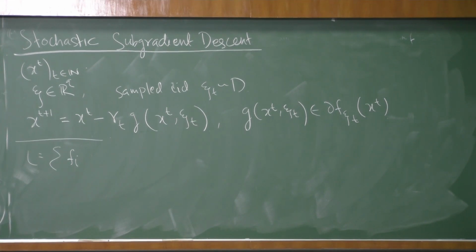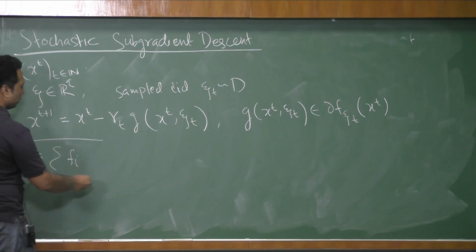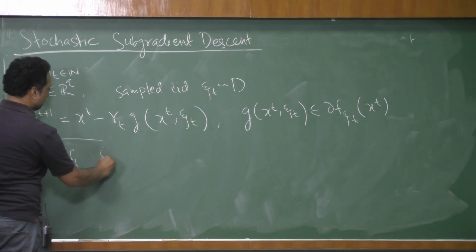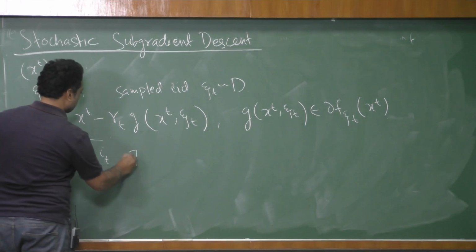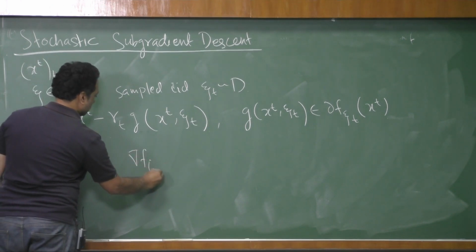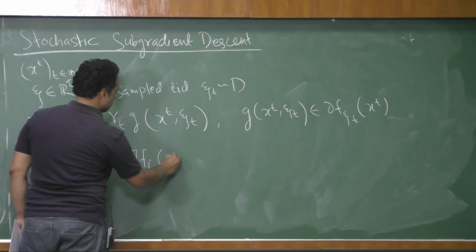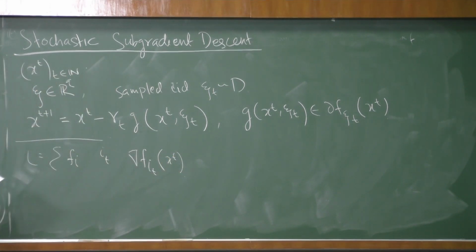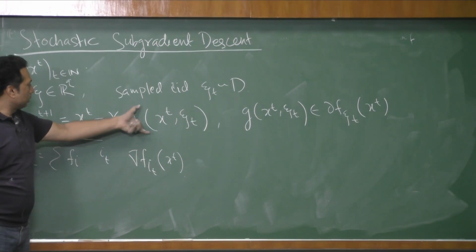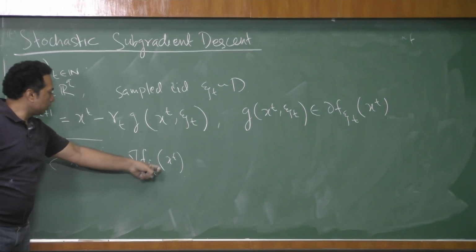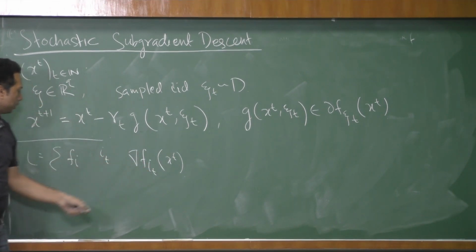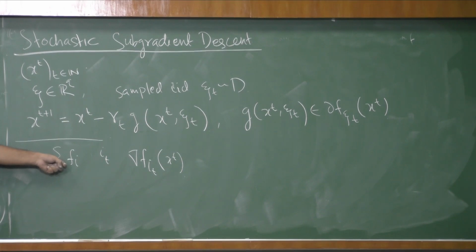In stochastic gradient descent I pick one arbitrary sample i_t, and then I compute the gradient for that sample rather than computing the full gradient at the current place x_t. Here, in place of g, I have the gradient of f_{i_t} at x_t, where f_{i_t} is the random sample over which I compute the gradient.